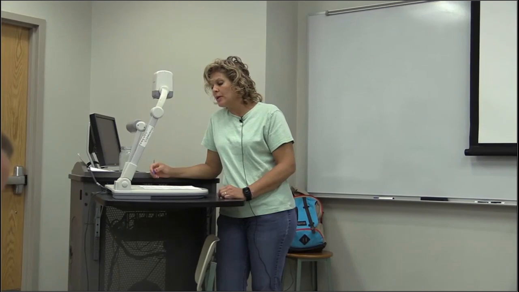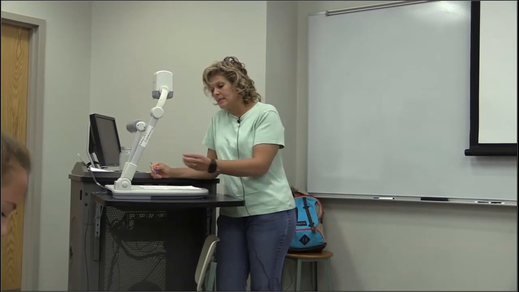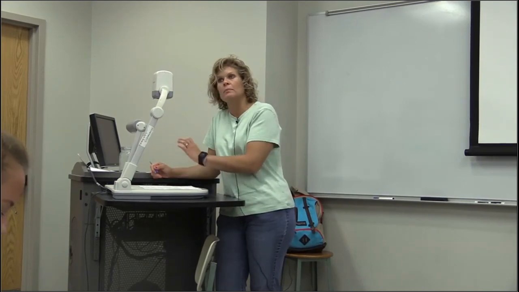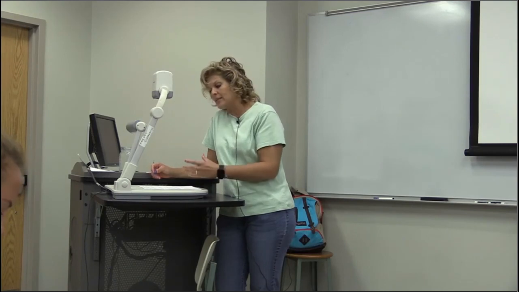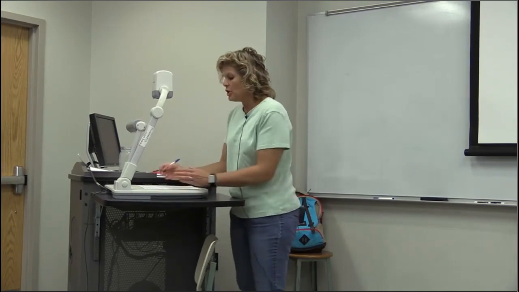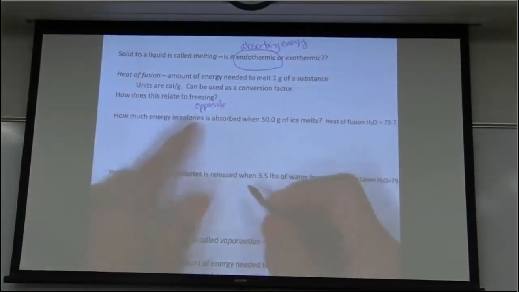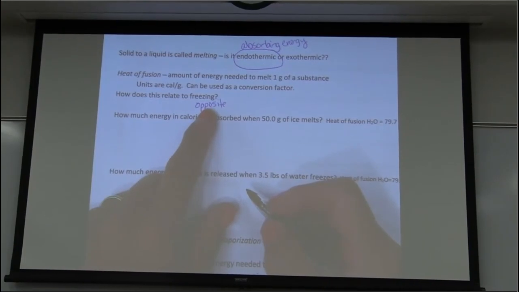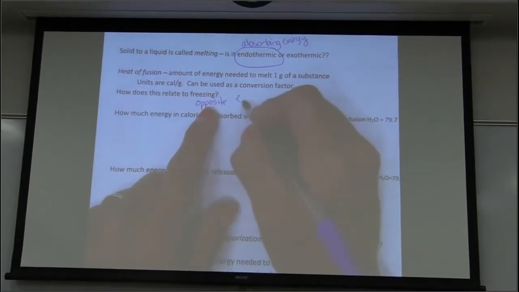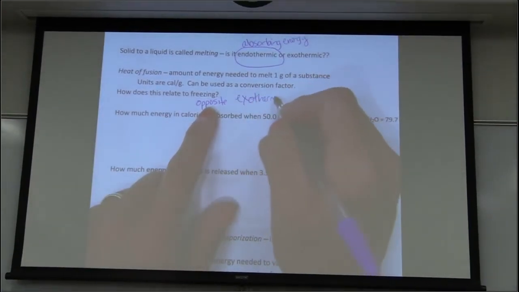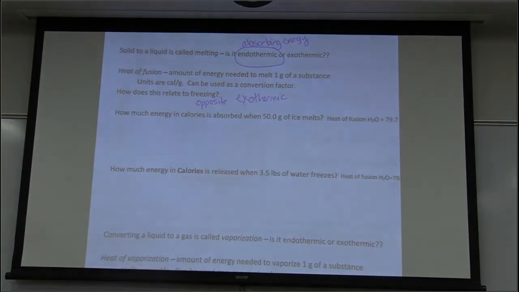Now, how would this solid changing to a liquid being called melting, how does that relate to freezing? And it's super simple. Don't make that hard. It's the opposite. So if this is the opposite of melting, what is freezing then? It's exothermic. Now that one really blows you out of the water if you're not thinking about it.